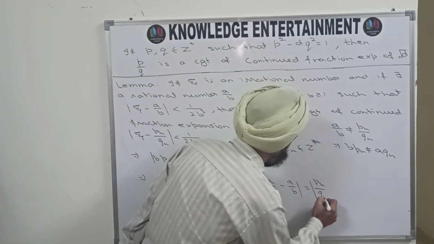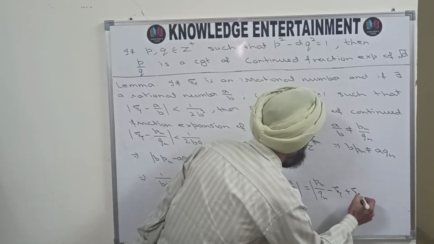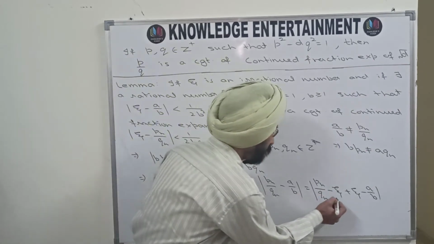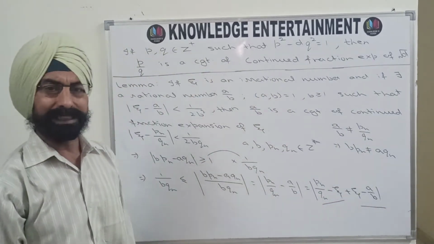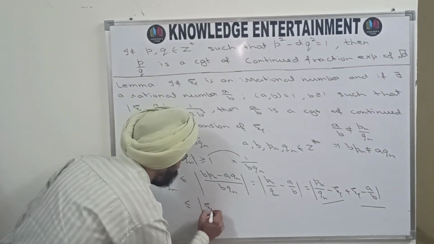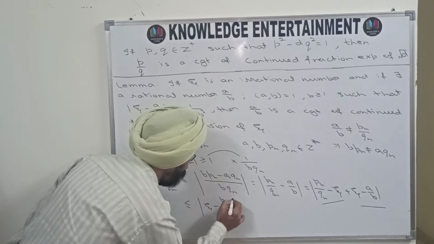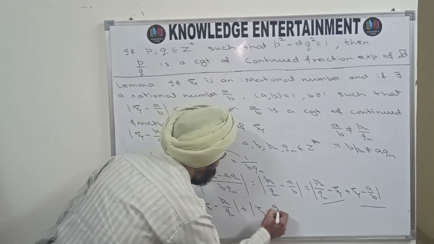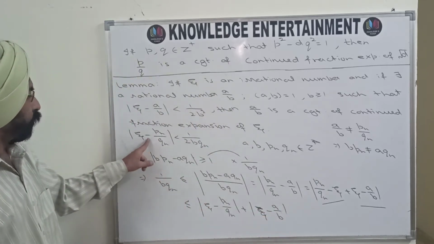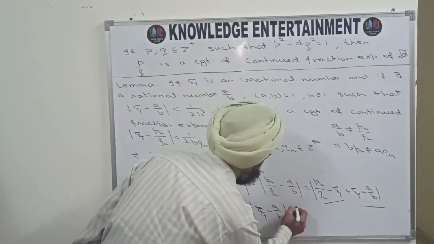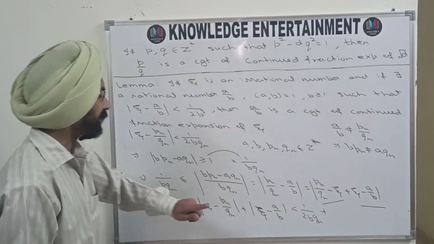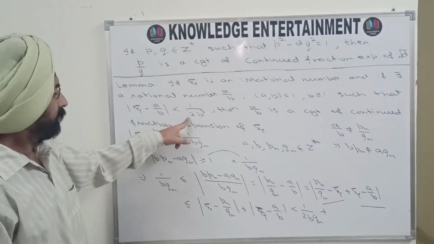and here I am introducing xi: pn upon q1 minus xi plus xi minus a upon b. Now using the fact that mod of a plus b is less than or equal to mod a plus mod b, this is less than or equal to mod of xi minus pn upon q1 plus mod of xi minus a upon b. |xi minus pn upon q1| is less than 1 upon 2b q1, so this is less than 1 upon 2b qn, plus |xi minus a upon b| is already given to be less than 1 upon 2b square.